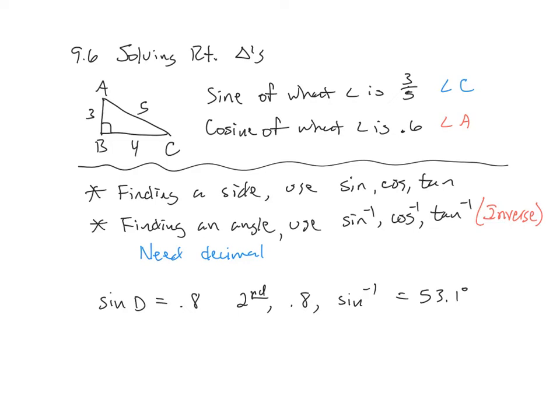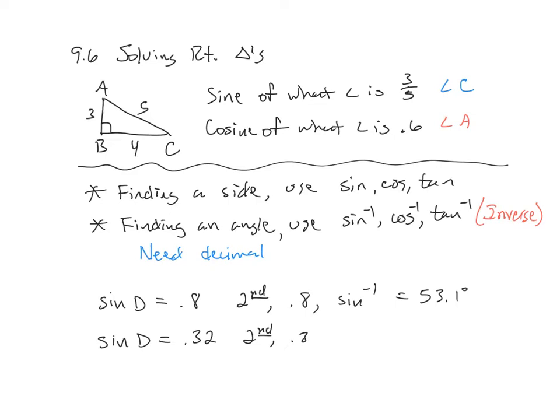Okay, so if we had sine D equals 0.32. So again, you're going to press the second button. It might already be pressed. Just make sure that you can see the sine -1 part.